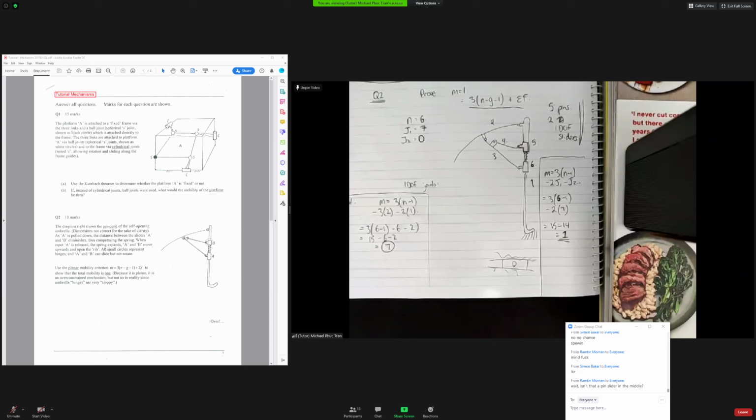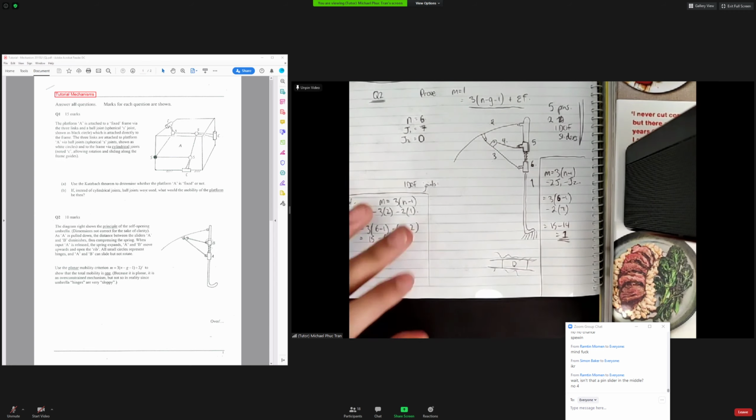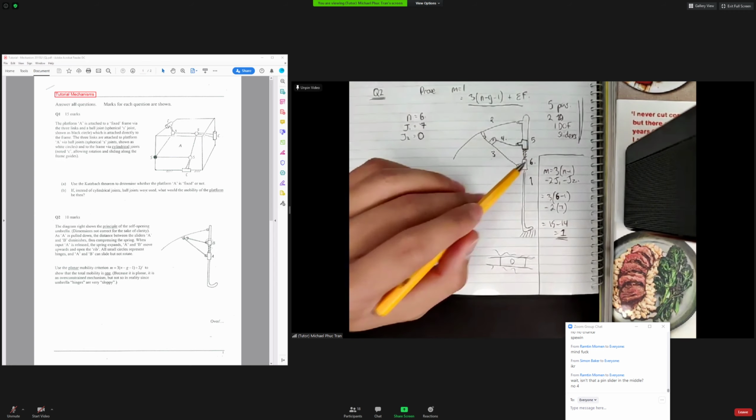Isn't that a pin slider in the middle? So you reckon 5 and 6 are pin sliders?